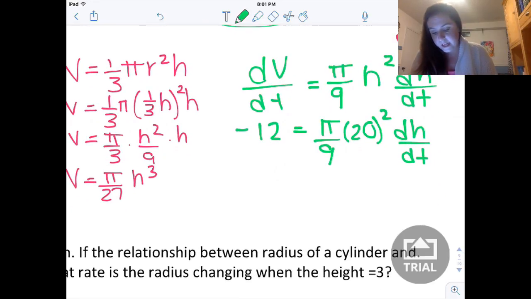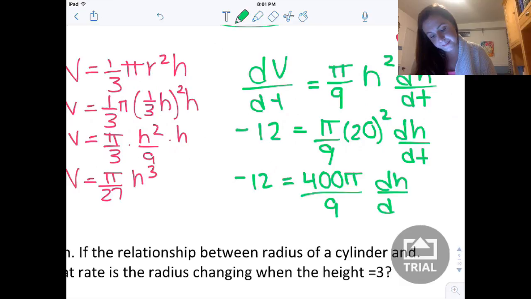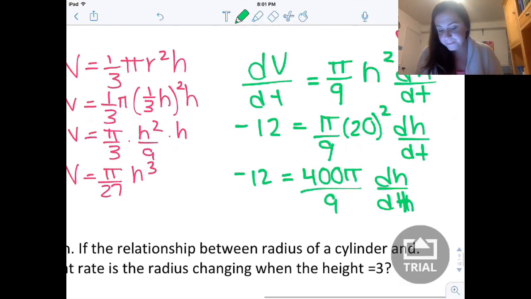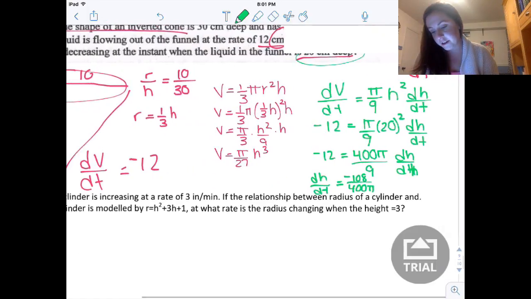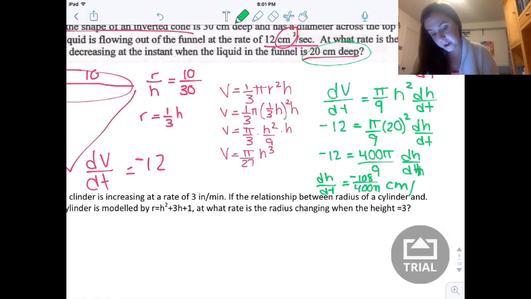So negative 12 is 400 pi over 9 dH/dt. Excuse me. And multiply by 9 over 400 pi, 9 times 12 is 108. Negative 108 over 400 pi. And then check your units, centimeters per second. And again, you can reduce that. For the sake of time, I don't have a calculator.